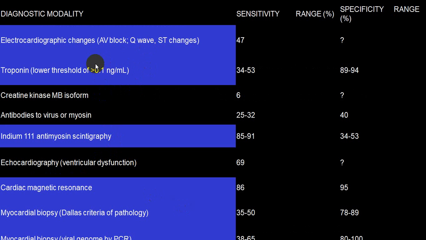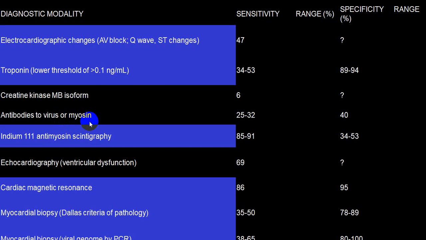ECG is a non-specific test which can tell you the involvement of myocardium by means of AV blocks, STT changes, Q wave appearance, etc. Troponin also gives you a non-specific elevation. Creatinine, CPKMB, and we call SGOT, again non-specific.